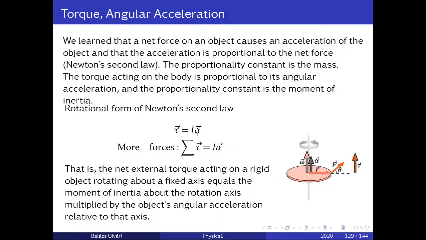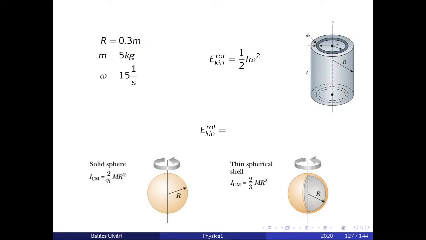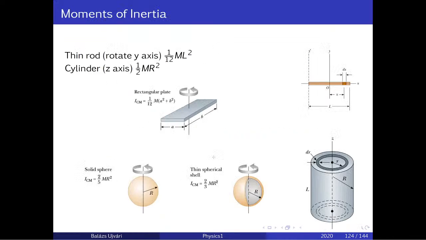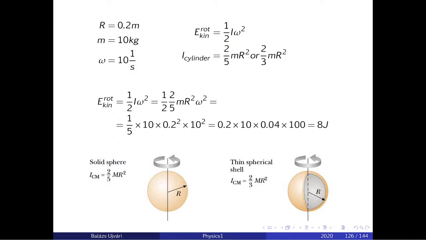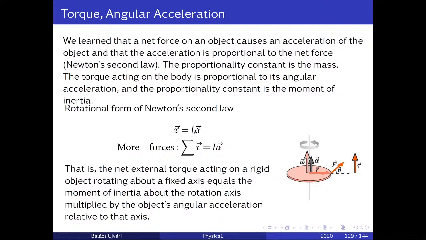The reason m itself is not enough for describing the rotation is that the rotation depends on the shape of the body. So we have to use 1/2 for a cylinder, 2/5 for a full ball, 2/3 for basketball-like balls, and so on. So this is Newton's second law. In F equals m times a, we use here torque equals moment of inertia times angular acceleration. And with more forces, we had to calculate the net force.